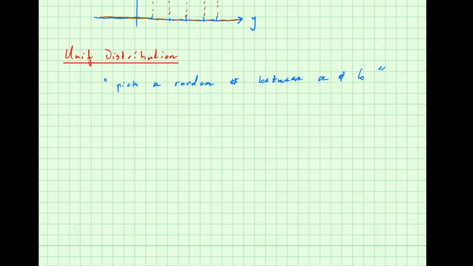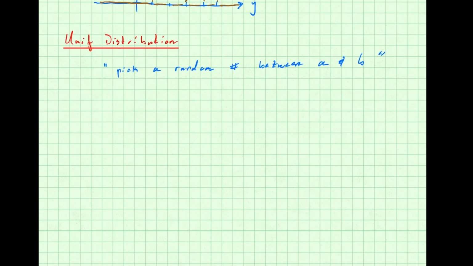And so in this everyday language context, when you say this to somebody, what you're actually meaning is pick a random variable, assign a continuous random variable with a uniform distribution, a number, or something like that. So you're implying a uniform distribution when you do this in everyday life.